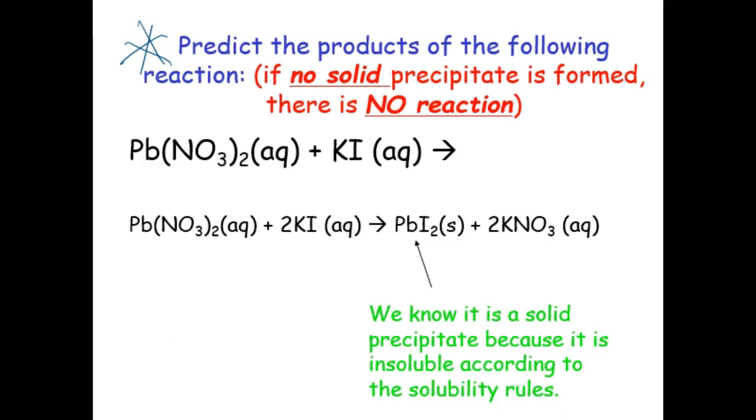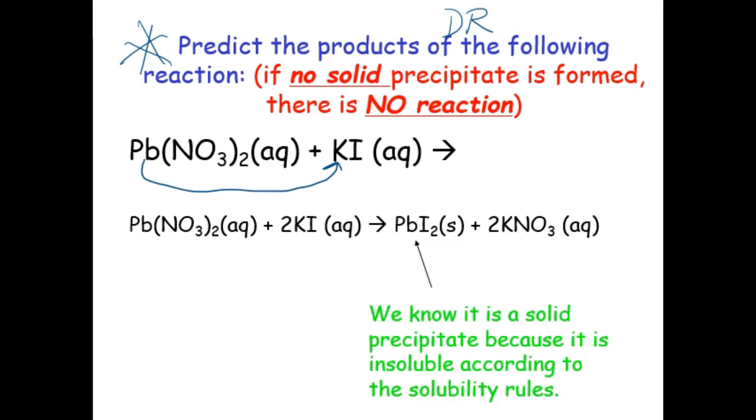So we look at our two reactants, and these are all double replacement reactions, so they swap partners. The cation switches with the other cation, so we're taking lead and switching places with potassium.